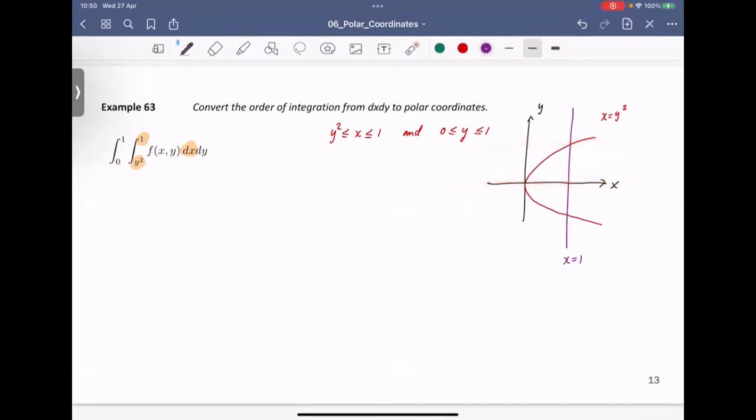Because you can find the intersection here easily. When you have x equal to 1, it's going to cut at x equal to 1, y equal to 1, and x equal to 1, y equal to negative 1. Because you can plug in x equal to 1 here, so you get y to be plus or minus 1. You can eyeball and see that the intersection is (1, 1) and (1, negative 1).